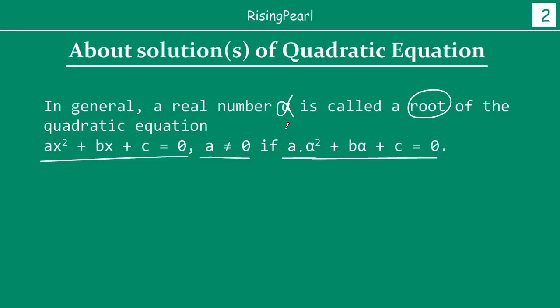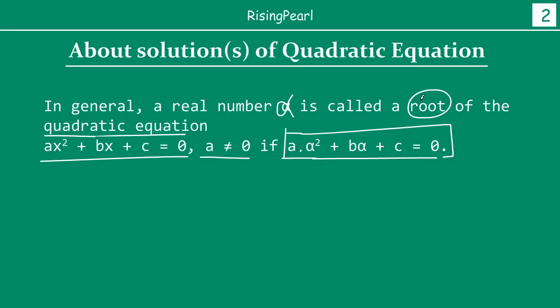Which is exactly the same as what we saw earlier. That means if our quadratic equation is written in the standard form ax squared plus bx plus c equals 0, and alpha is such a value that it satisfies the equation, that means a alpha squared plus b alpha plus c is equal to 0, then we say that alpha is a root of the quadratic equation.